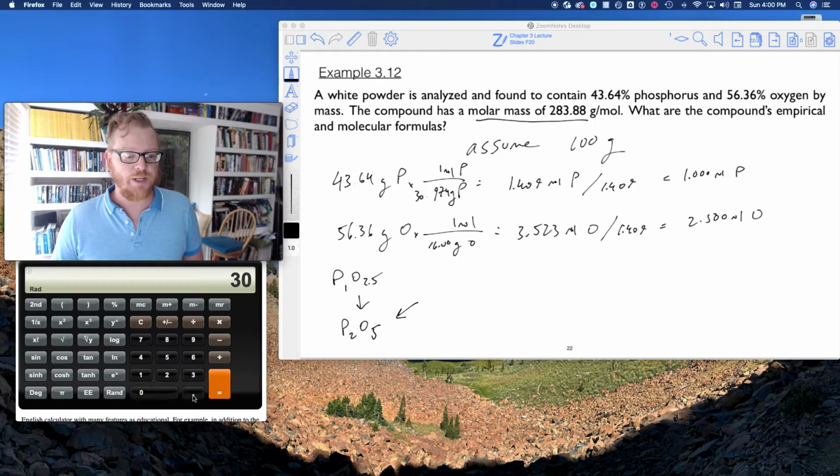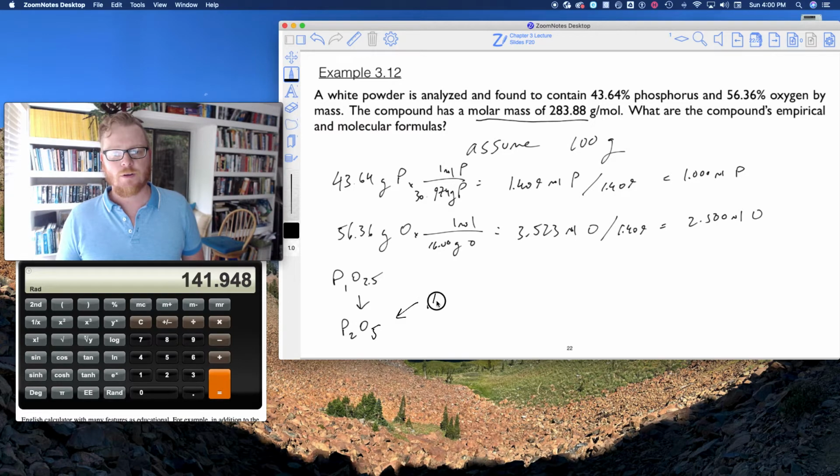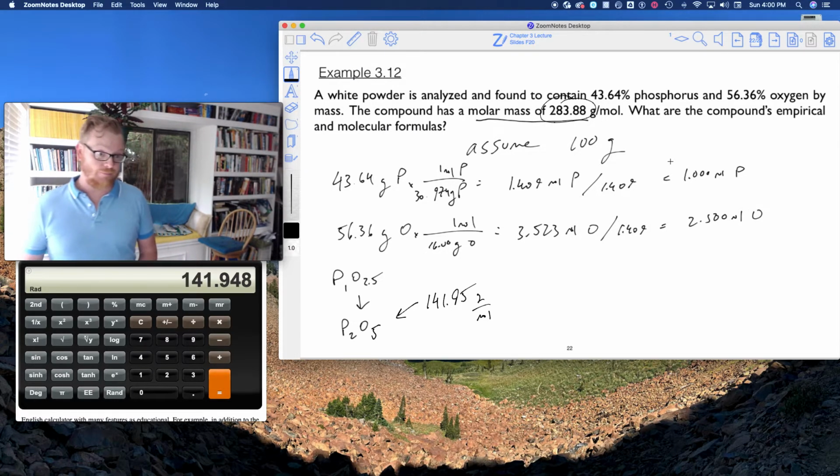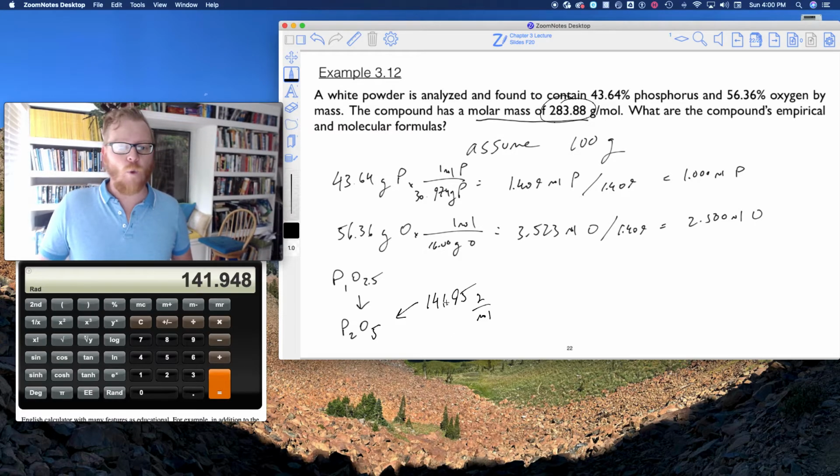So that's 30.974 times 2 plus 5 times 16, and this comes out to be 141.95, let's say, grams per mole. Well, look, they told us the molar mass was 283.88, but I'm getting 141.95. So what's going on with that?